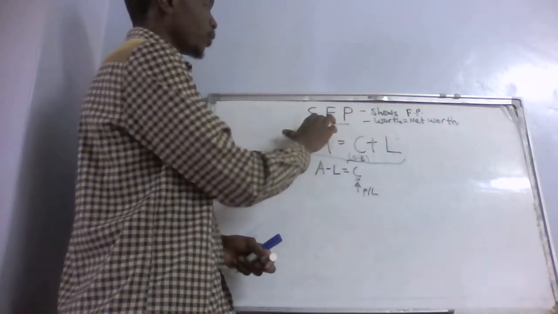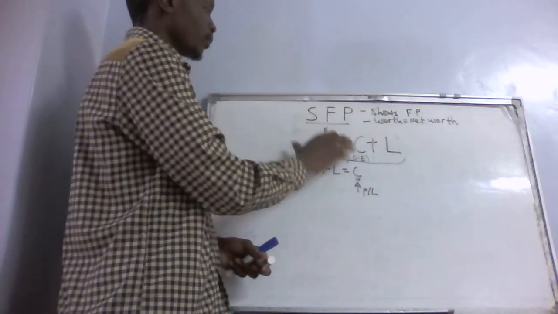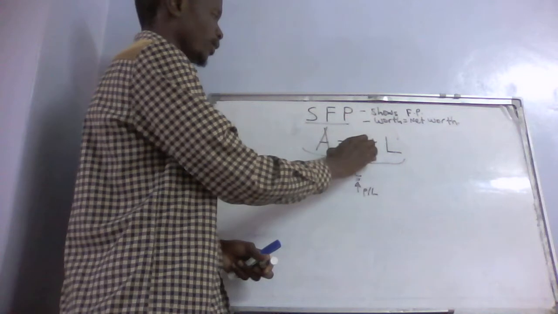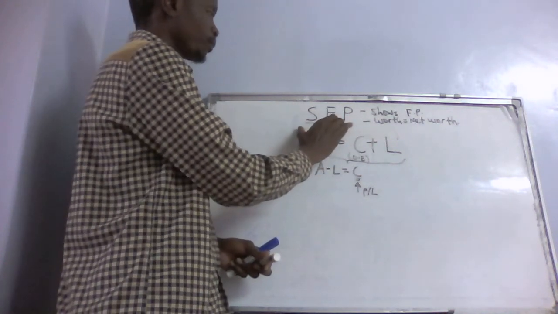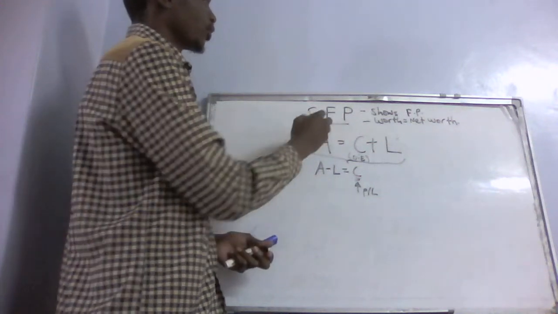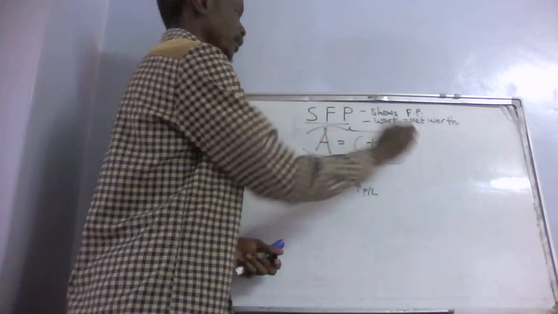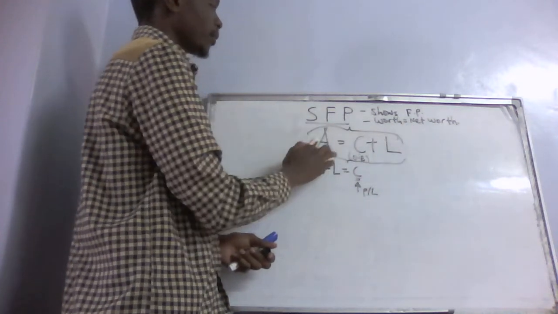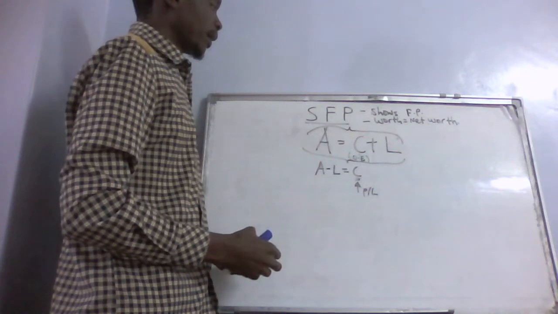What is our financial position with respect to our liabilities? And what is our financial position with respect to our owner's equity? So, statement of financial position is the ultimate representation of the accounting equation. Okay. So all these are presented in the statement of financial position.